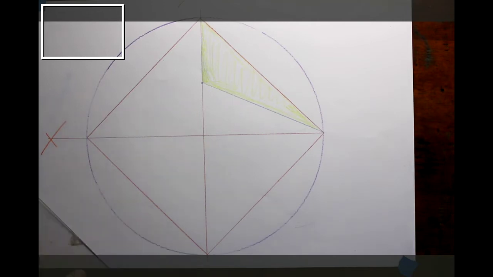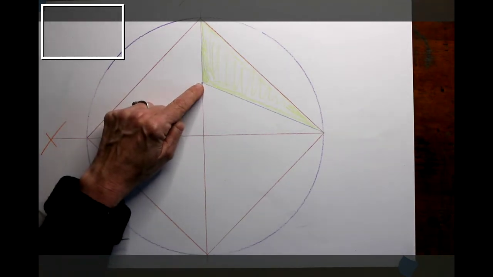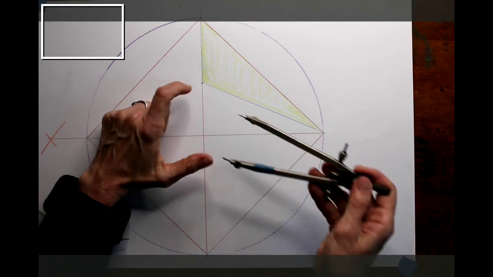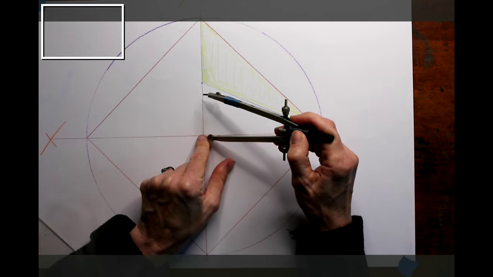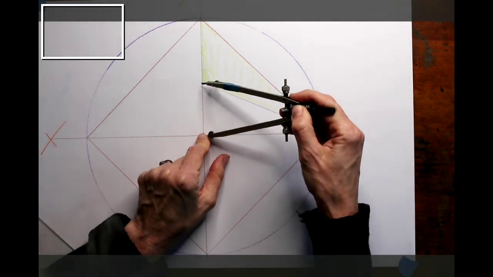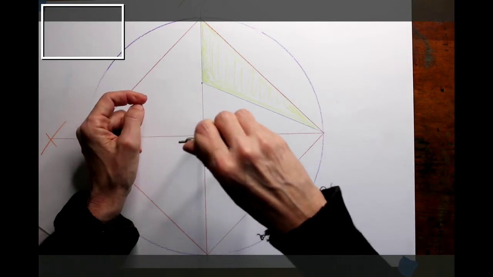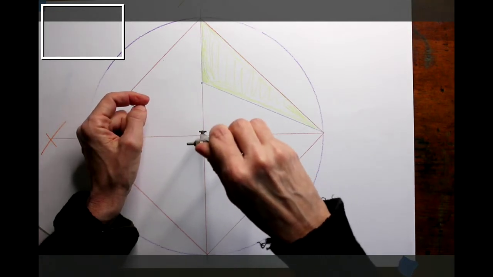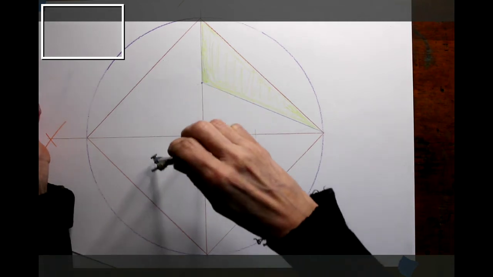Okay. We've established this point on this line, chosen at random, but we want to take that measurement. So we'll set the compass point down in the center, widen the compass out to that point, and then mark off on each of these axes that measurement.